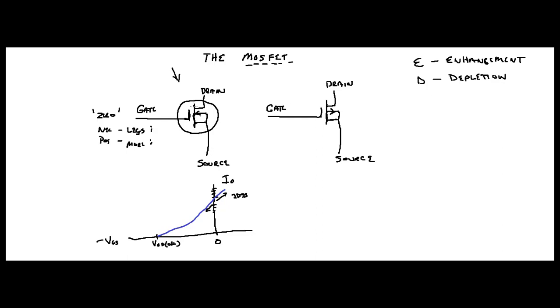When you have a bridge like this, it's already there. Either you enhance it, think about a car bridge, you make it wider so more cars can go across, in other words, more electrons can flow, more current can flow, or you deplete it. In other words, you take away lanes so fewer cars can go across the bridge, or fewer electrons can cross the bridge, and you get less current.